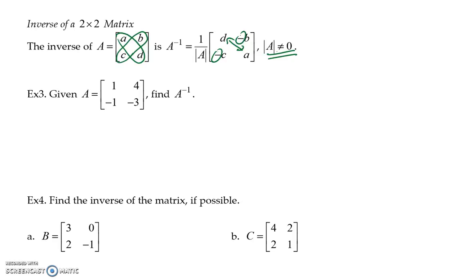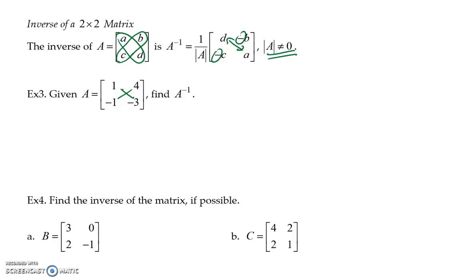So let's apply this to the matrix A from the previous example and show that using this formula we do obtain the inverse that was given in example 2. First of all, we have to compute the determinant of A, and for that we use A in its original form. We're going to do those two products.